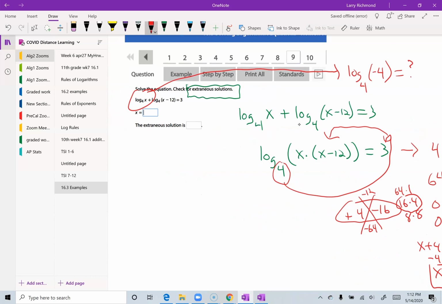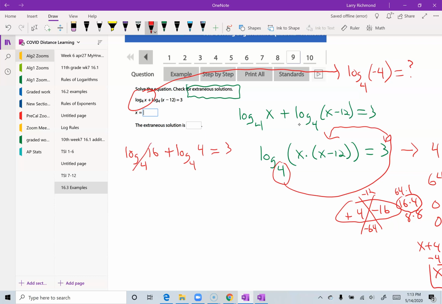And you can put in positive 16, but you would see that I'm going to go ahead and do it. Let's look at 16. Log base 4 of x, where x is 16, plus log base 4 of 16 minus 12, which is 4. Is that equal to 3? Well, 4 to what power is 16? 4 squared is.